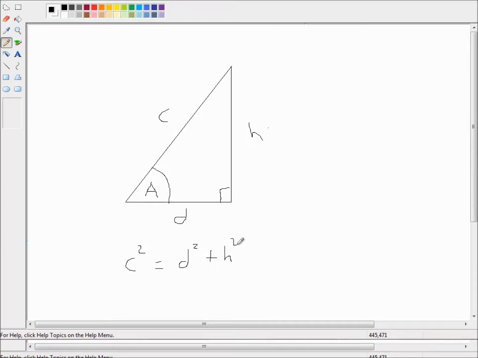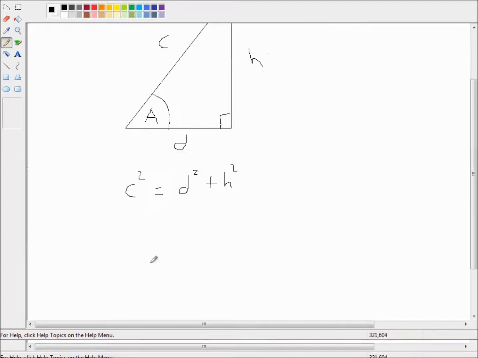Now all we're going to do is rearrange this a little bit. So we want to get d squared on the left hand side. So this is just simple formula manipulation. So if I take this h squared and I move it over the equals, we get c squared minus h squared is equal to d squared.